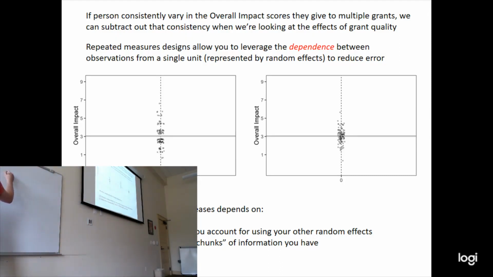Sure. So I have a cloud of points, but if I look at any one of these points, this might be the slope for person 1, this might be the slope for person 2, this might be the slope for person 3, and then if I take the average of those, all of the intercepts end up being close to 0.